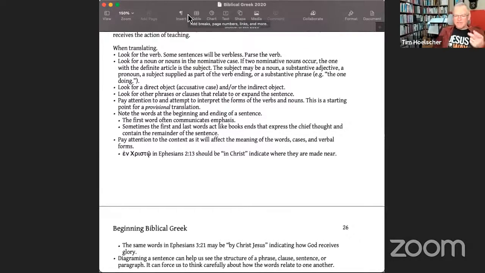Sometimes we're going to have substantives, but we are not going to be able to find a verb. So we're going to have verbless clauses sometimes, and we've had some examples of that in this lesson. And sometimes you're going to have a verb, but you're not going to be able to find a noun.